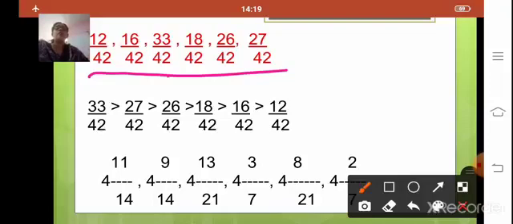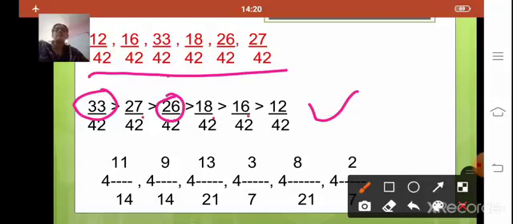Now compare the numerators. When we are arranging in descending order, the greater number will be first. So 33 is greater than 27, 27 greater than 26, 26 greater than 18, 18 greater than 16 and 16 greater than 12. Correct? Now these fractions we will replace with the original ones given in the question.